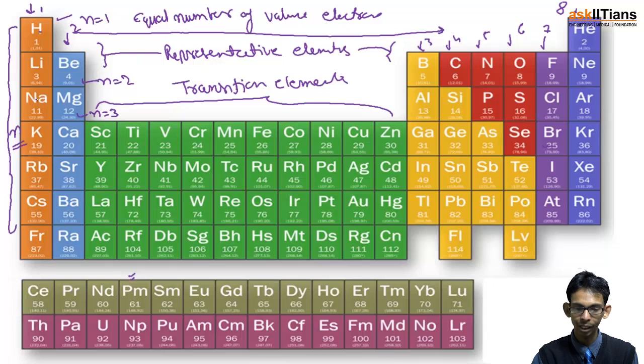If we are talking about bromine, we know bromine belongs to the 4th period and 7th group. That means it has 7 valence electrons, and there are a total of 4 shells, because it belongs to the 4th period.